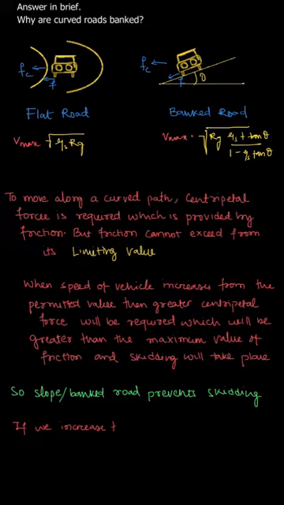So the slope helps to prevent this skidding because it allows a greater velocity. How do we know that it provides greater velocity? Here we can see mu s plus tan theta.